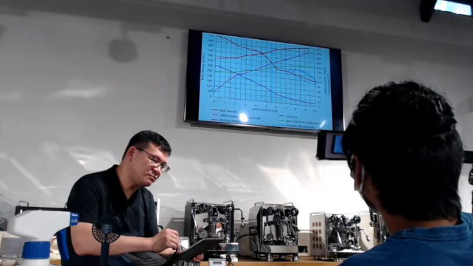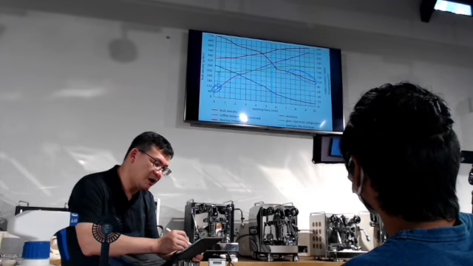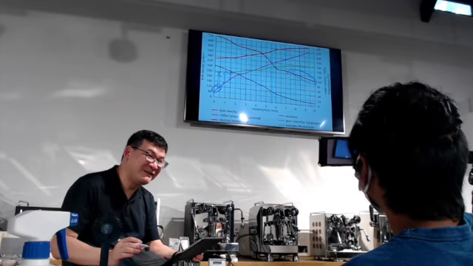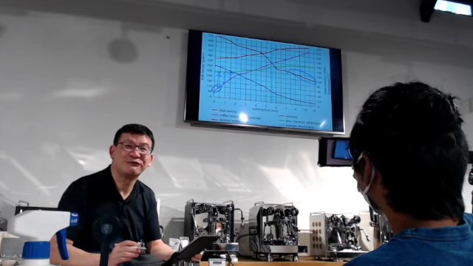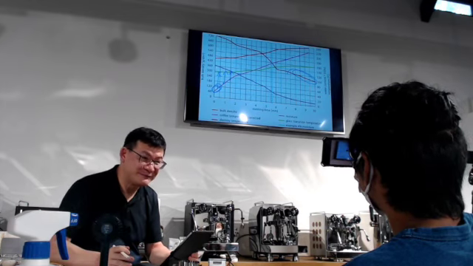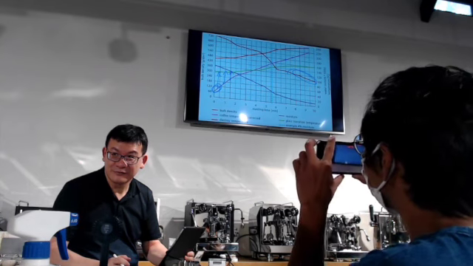That means you need to bring your bean's temperature above 100 as soon as possible. Then you have a better volume increase. Okay?